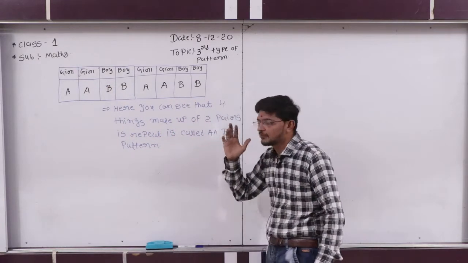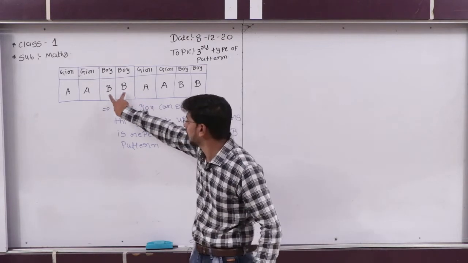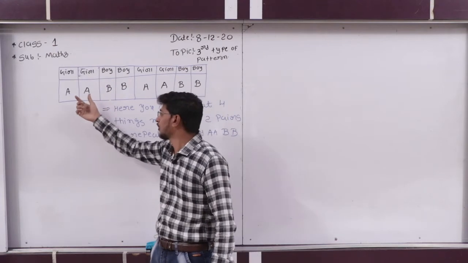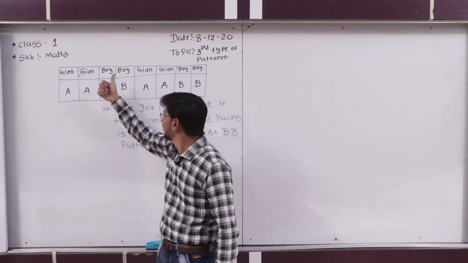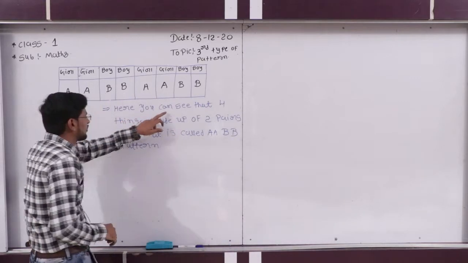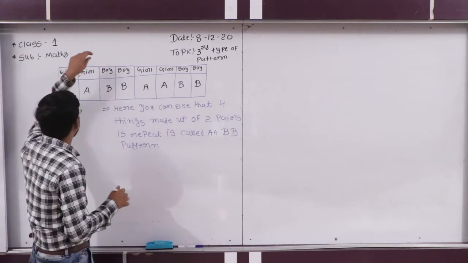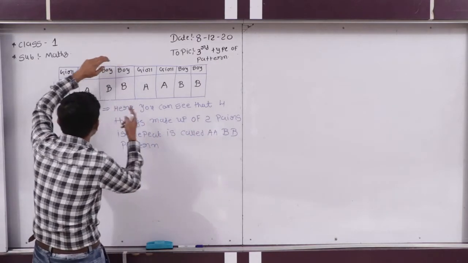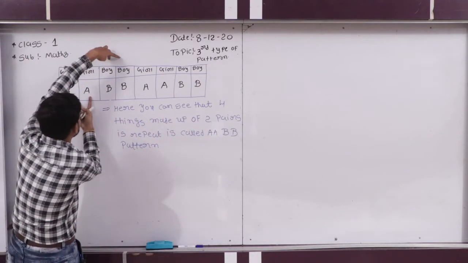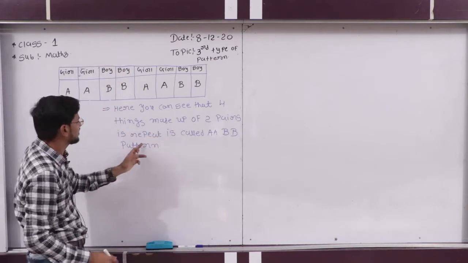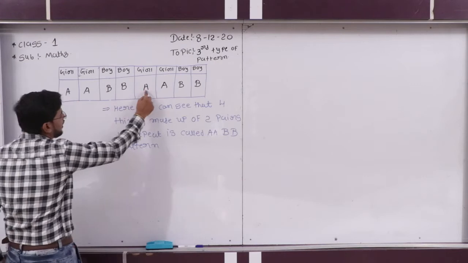For girl we take A and for boy we take B. So 4 things, made up of 2 pairs: first pair is for girls and second pair is for boys. The 2 pairs are repeated, AA, BB.